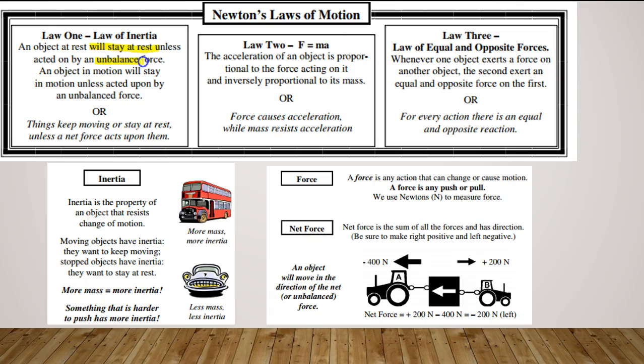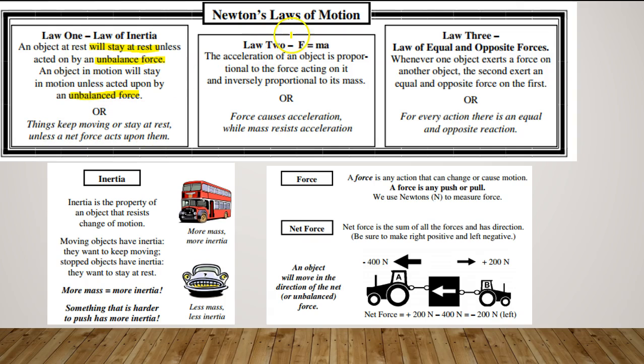These are keywords. And an object in motion will stay in motion until the unbalanced force comes and acts on it. So what does that mean? Things keep moving or stay at rest unless a net force acts upon it.